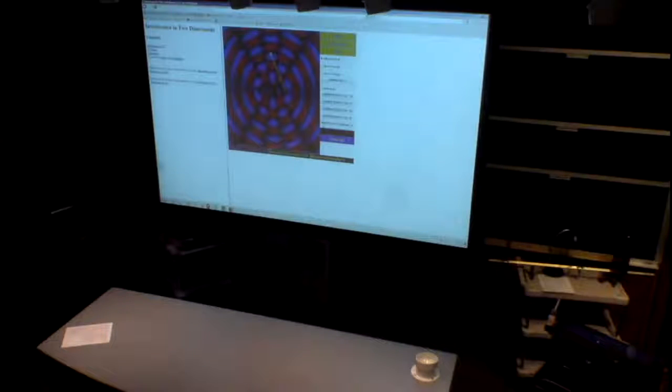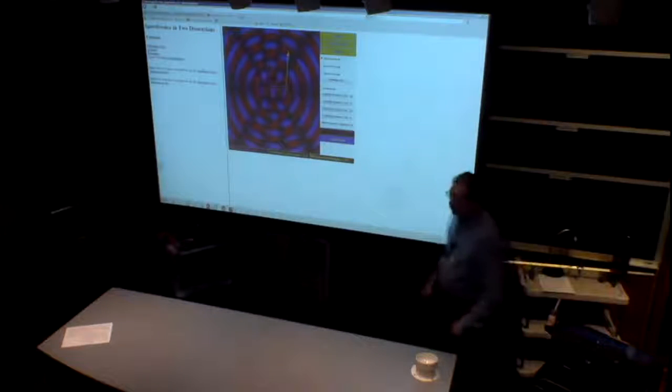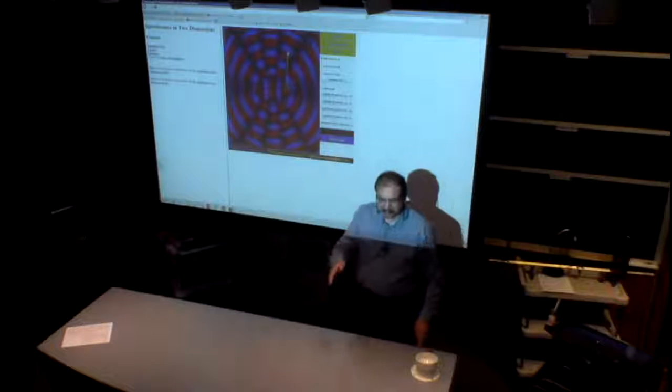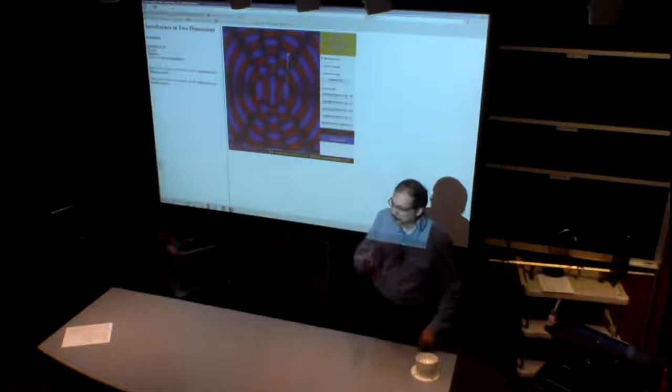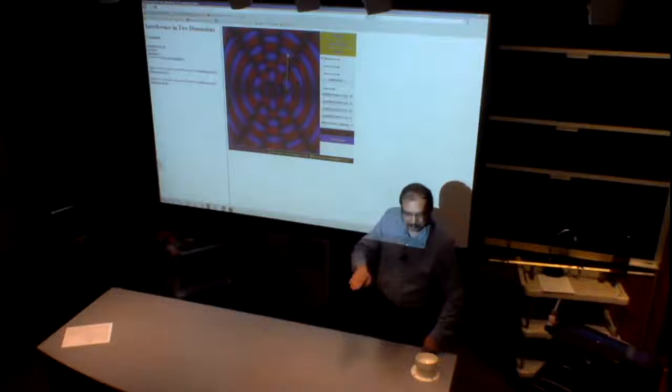So there's another application, color-coded. So for example, if we look at this yellow spot, what does red, black, and blue represent? Red represents the crest of a wave, blue represents the trough, black, the equilibrium.